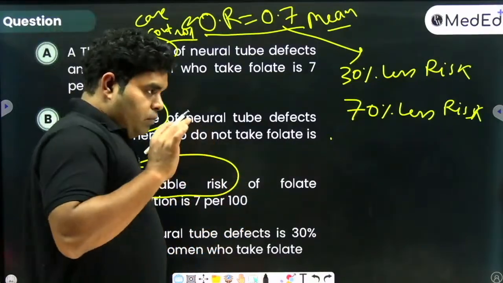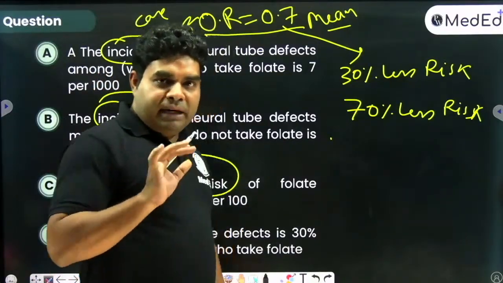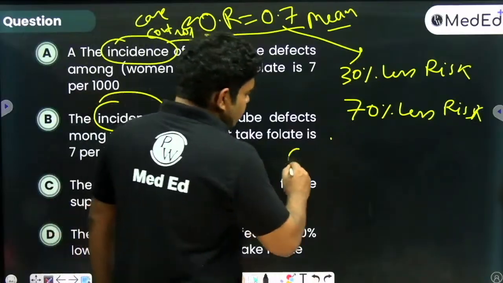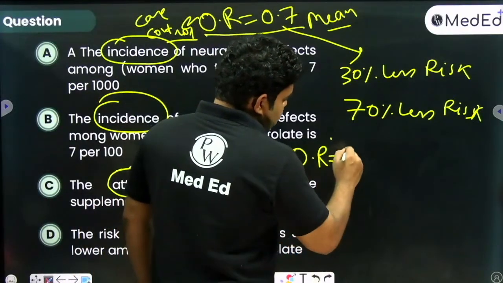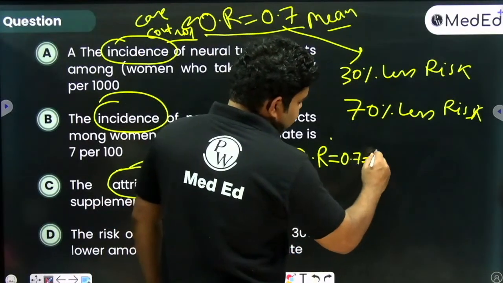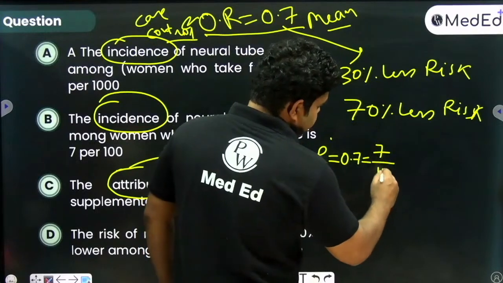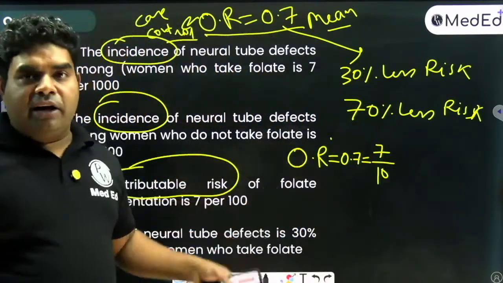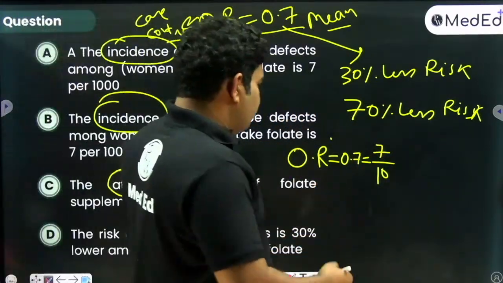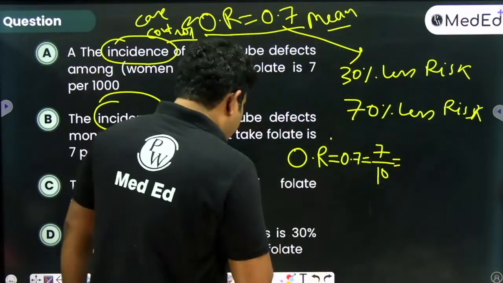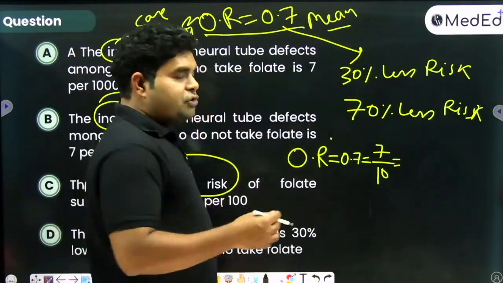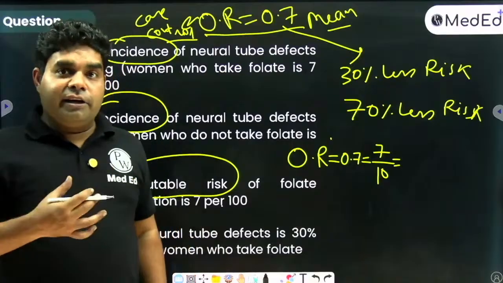So let's understand it with a very simple example. Suppose odds ratio is 0.7, 0.7 मतलब 7 by 10 or 70 by 100. And there was a question on this topic in the NEET exam that we are doing a study between green tea drinkers and heart attack.